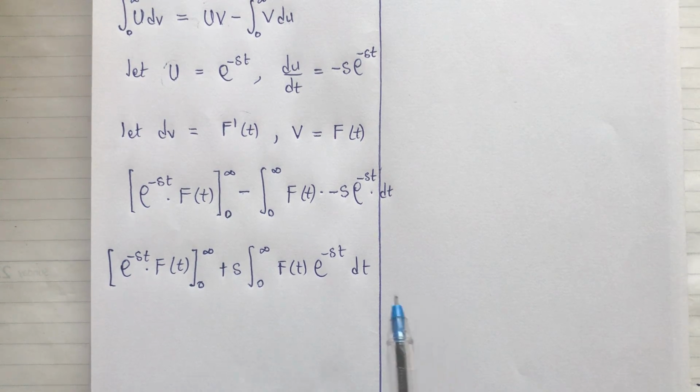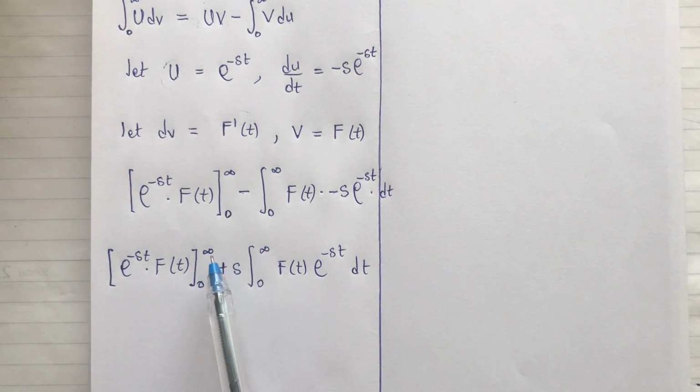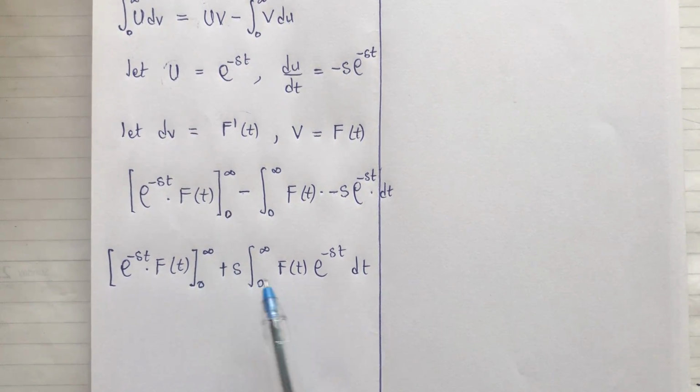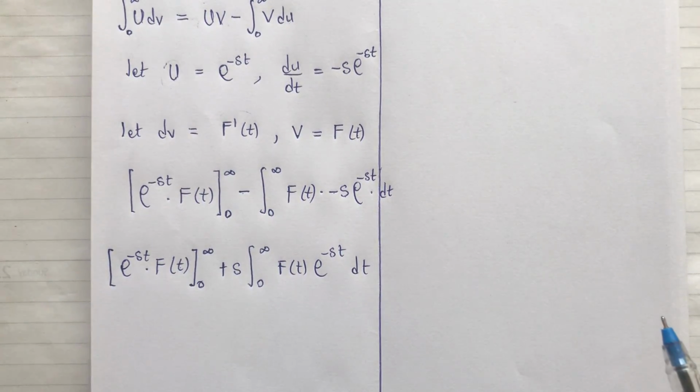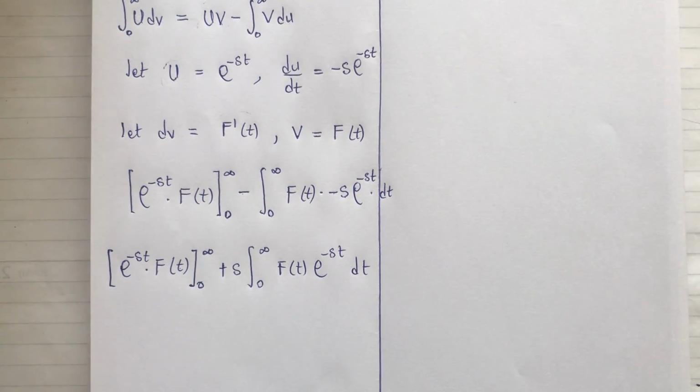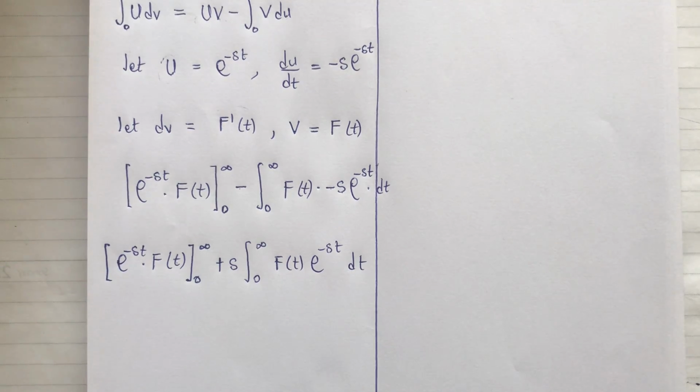Do we get the concept? So wherever we see t, we have to input infinity and 0. Do we get it? Now inputting the upper and lower limit, the result is supposed to be upper limit minus lower limit. So let's do that and see the result.